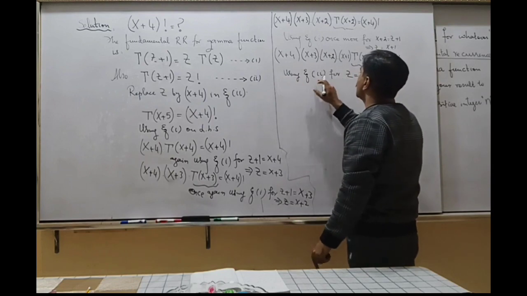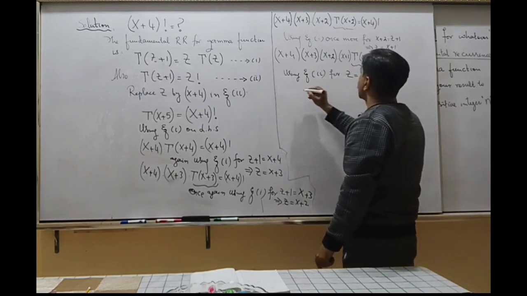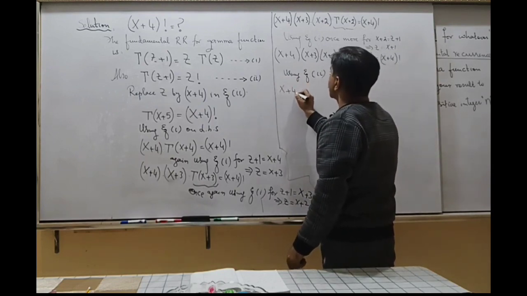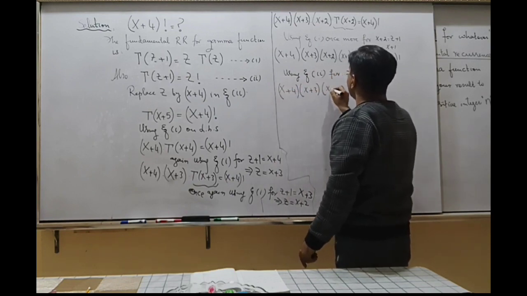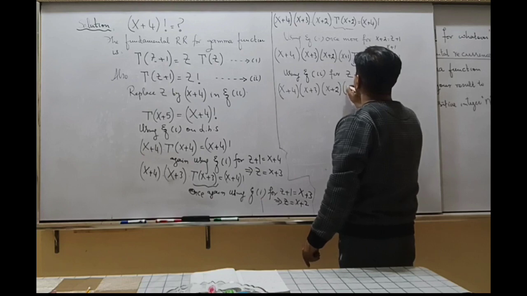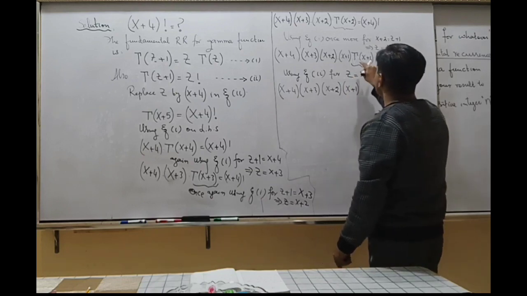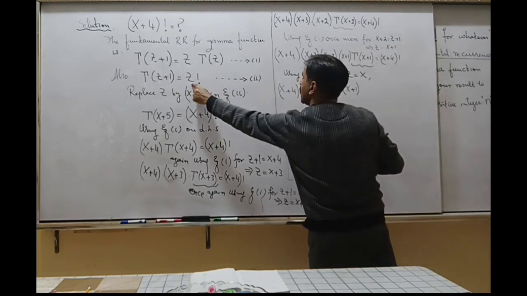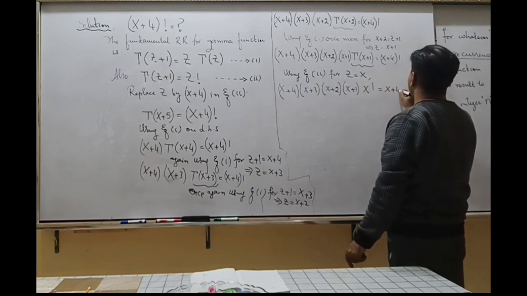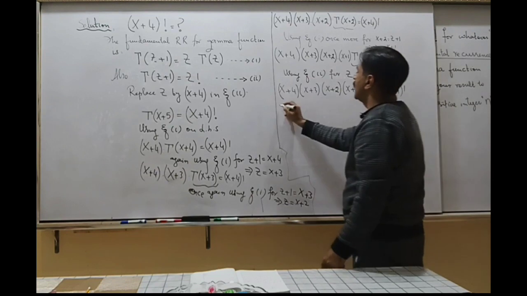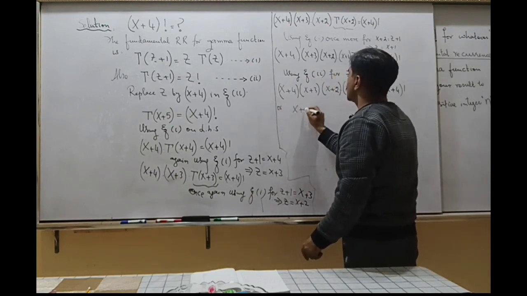So using equation number 2 for z equal to x, you have x plus 4 into x plus 3 into x plus 2 into x plus 1 into this one is x factorial. So it is equal to x plus 4 factorial.